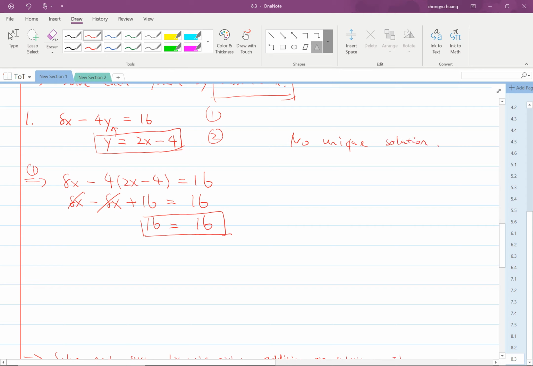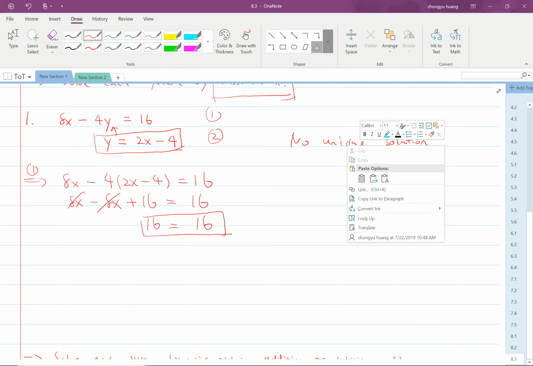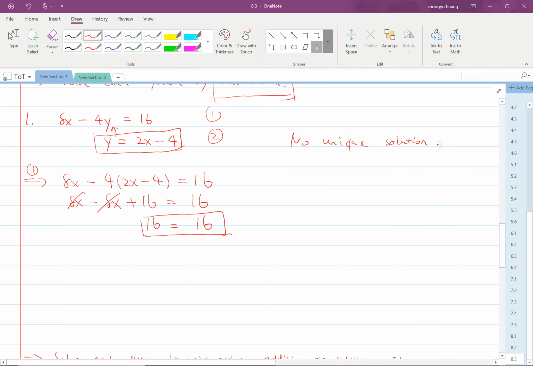Okay, if there's no unique solution, then we have to state whether it is inconsistent or dependent. As you can see, it is 16 equals 16, so that means the system is dependent.